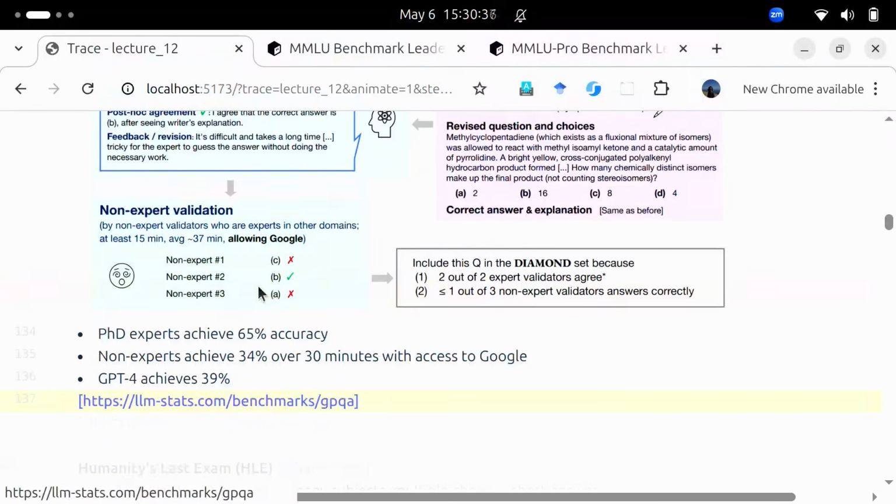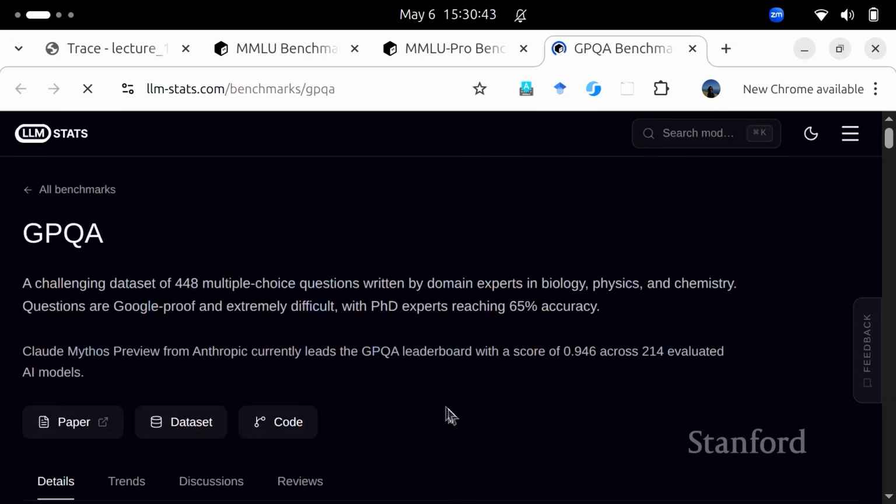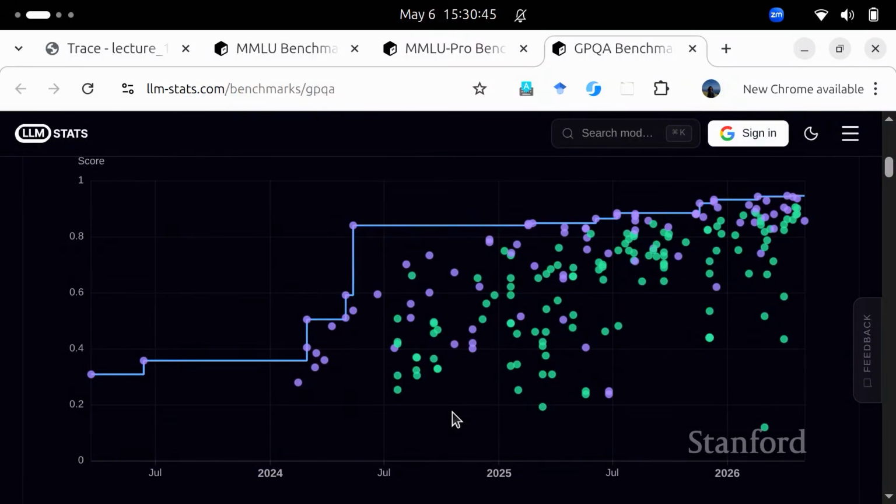And non-experts, even if they had 30 minutes with access to Google, are getting a bit over chance, but not much. And at that point, GPT-4 was like 39%. And let's see how it's doing now. So GPQA is now, again, 94.